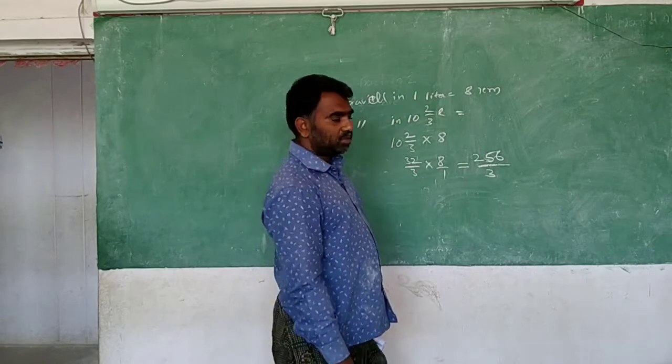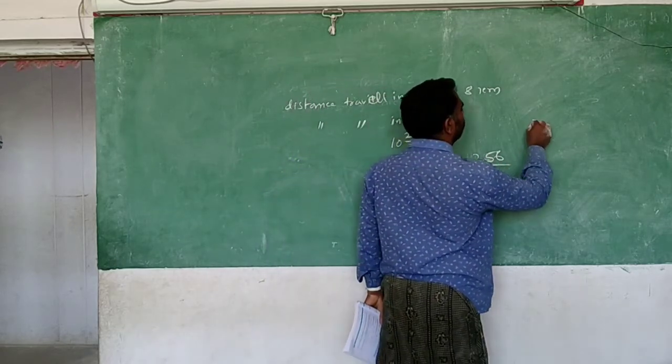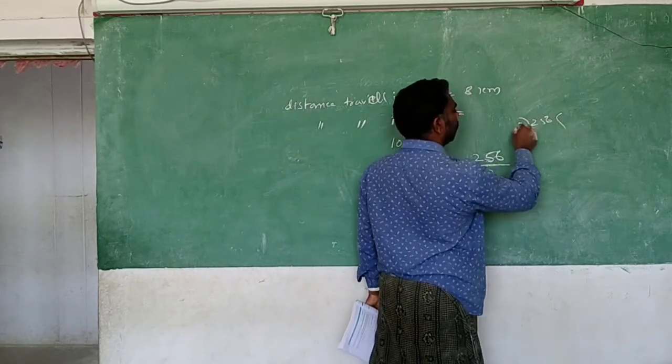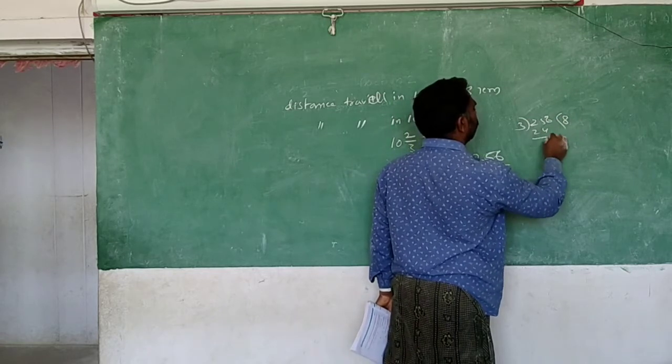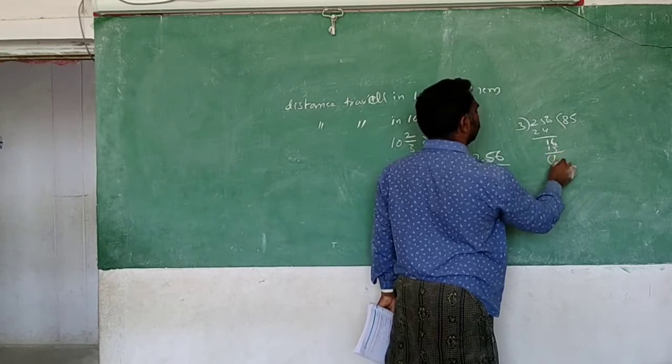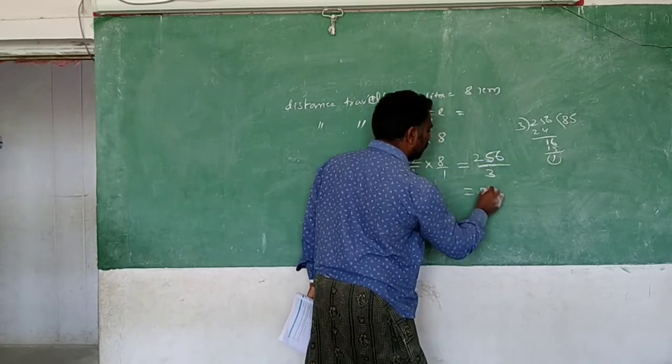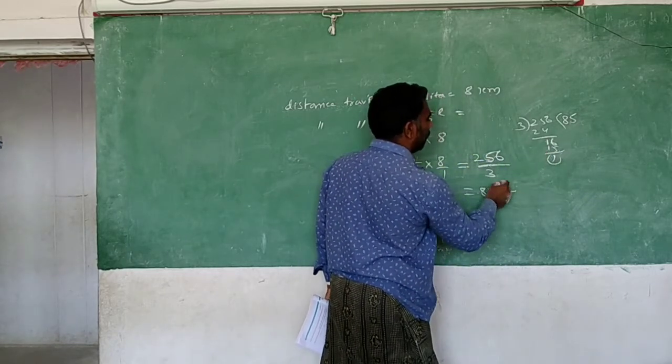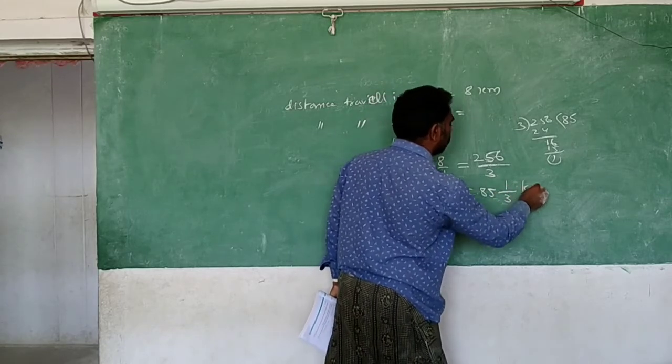So no choice. So now it is improper. So 256. 3 8s are 24. 1 and 6. 3 5s are 15. 1. So what you will write is 85 1/3 kilometers.